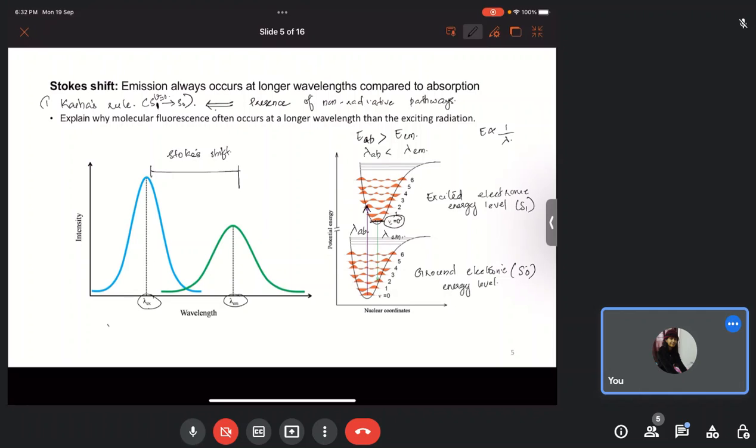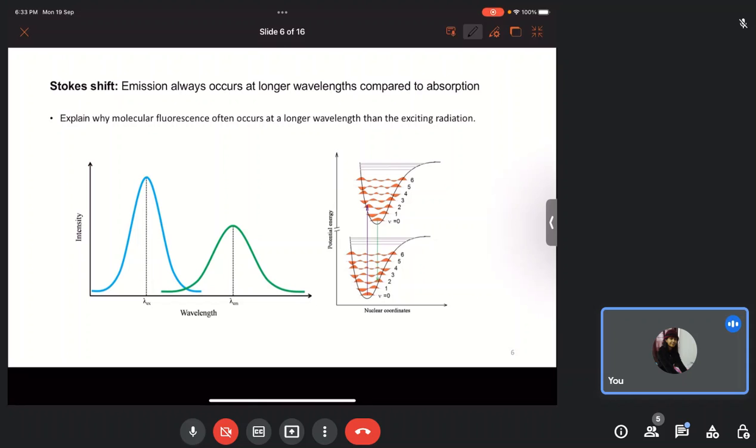It gives rise to a particular rule saying that fluorescent emission happens when the molecule relaxes from the ground vibrational state of the first excited state to the ground state by emitting electromagnetic radiation.